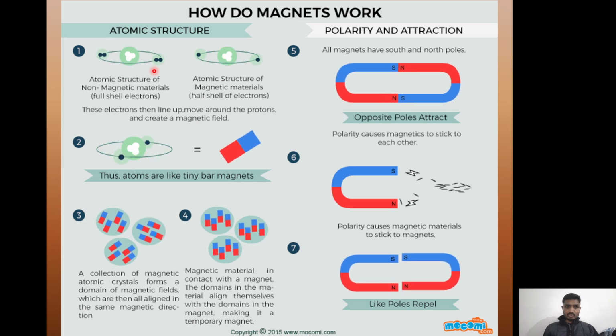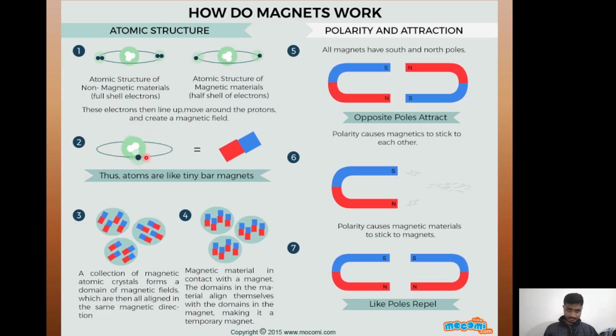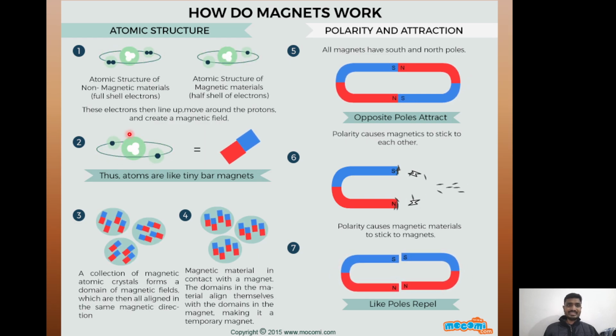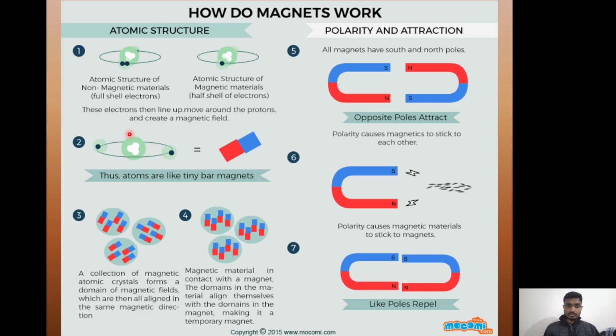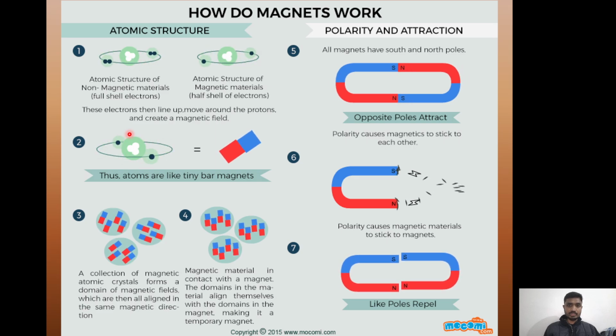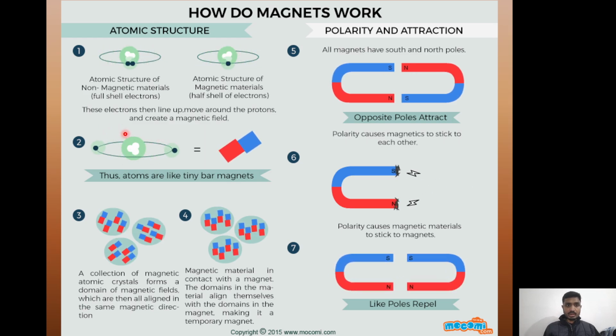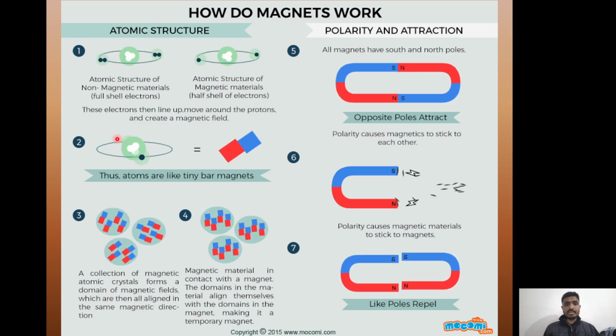So, whenever a charge moves like this in a circular fashion around the nucleus, it creates a pole, basically what we call a south pole and a north pole. Like generally what we see in the magnets, there are two poles, south pole and north pole. So, each electron revolving around a nucleus behaves like a magnet.